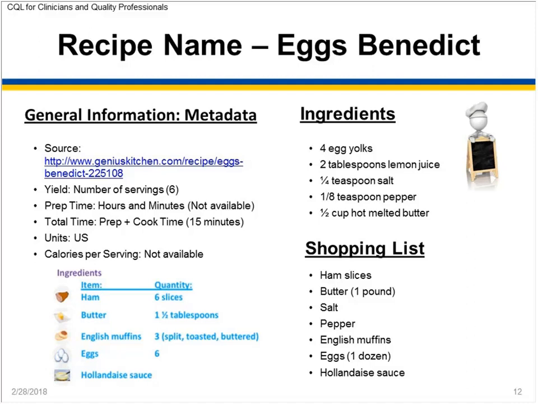There's a list of ingredients, and from those ingredients, you're going to develop a shopping list. So these are the things you need to make sure you can make the recipe. If I were looking at a measure, I would say there are data elements, and those data elements have to map to what you have locally.